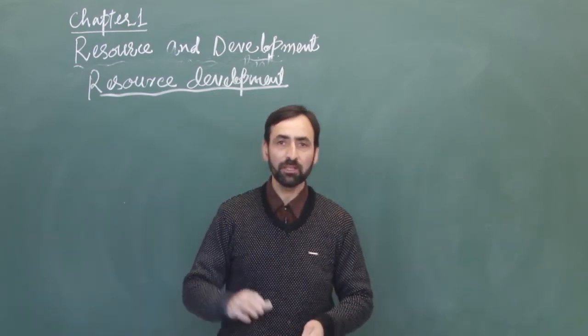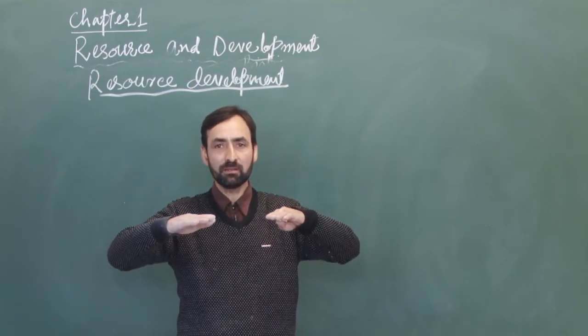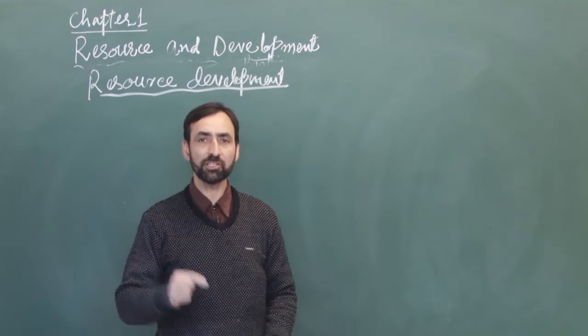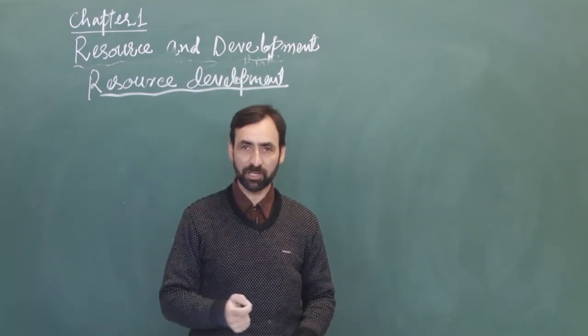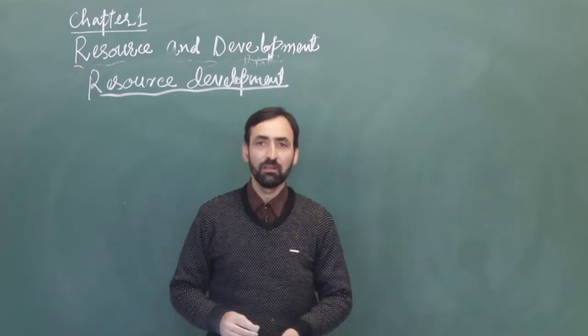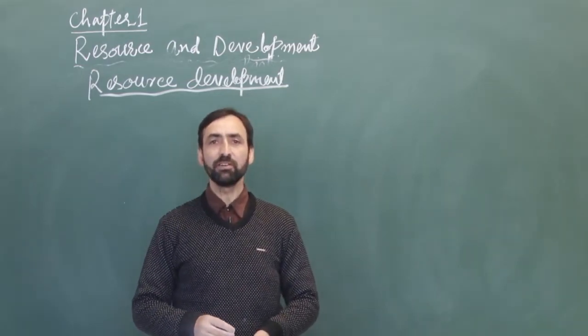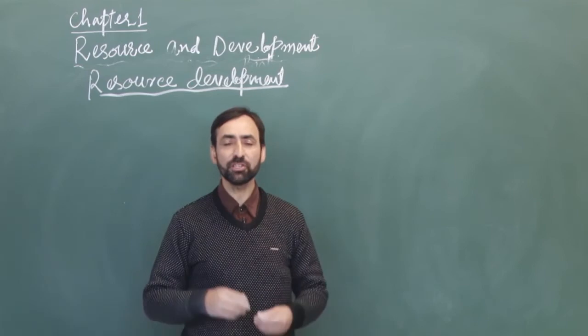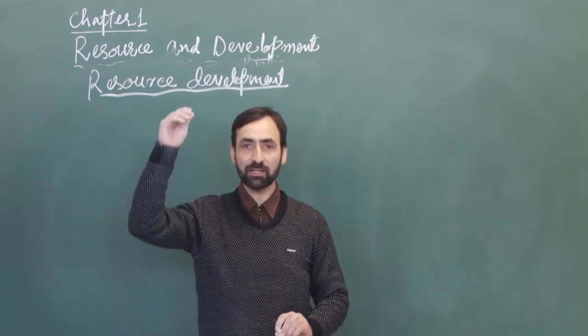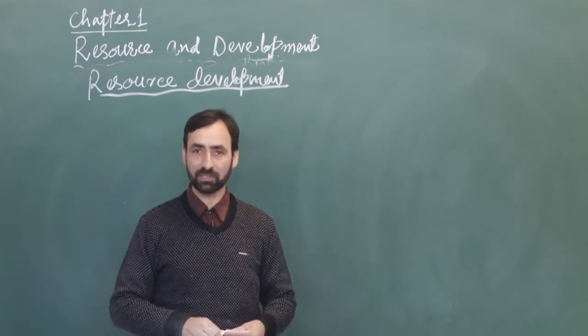Day by day the differences in society are increasing. The rich become richer and the poor become poorer. This is the result when rich people utilize such resources and get development in the wrong way.